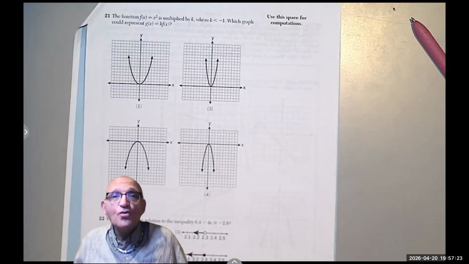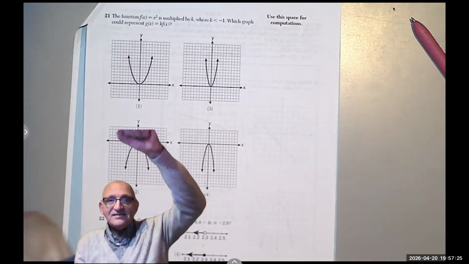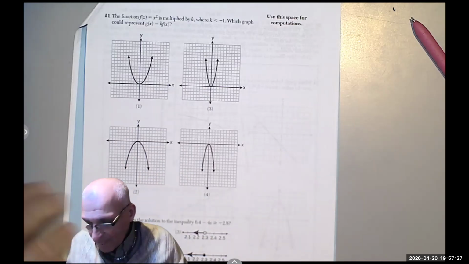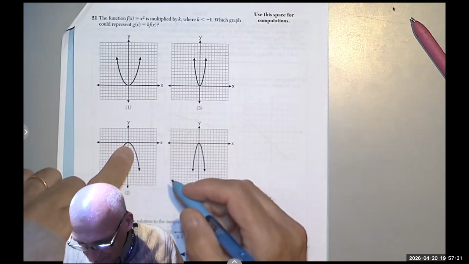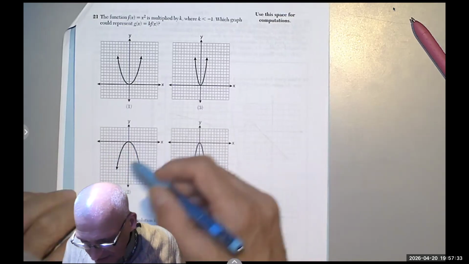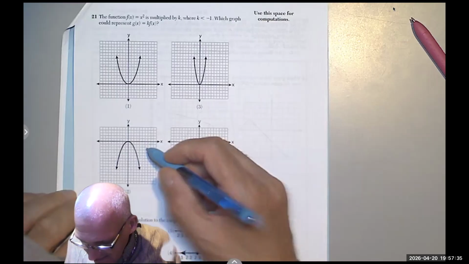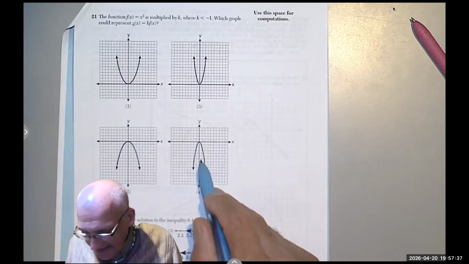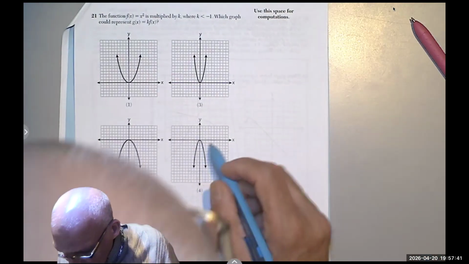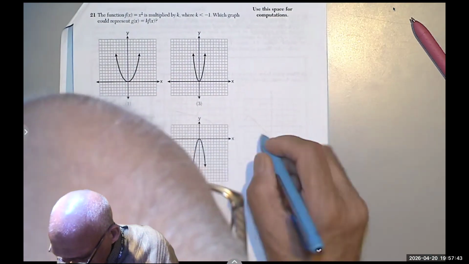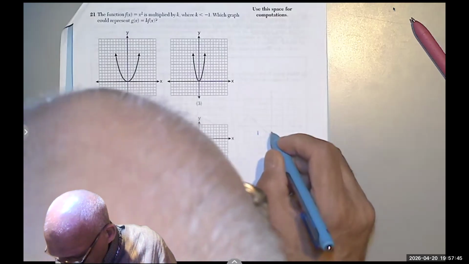It means that your y is dilated. So, for example, if you look at this one, you see that this one is more dilated, but you cannot just say that, right? You can see that when I move 1 to the right, I drop 2.